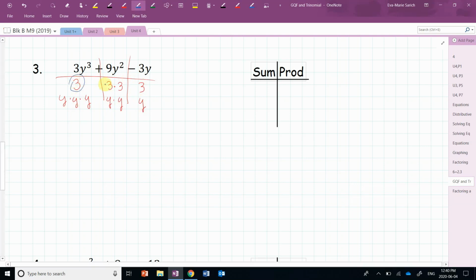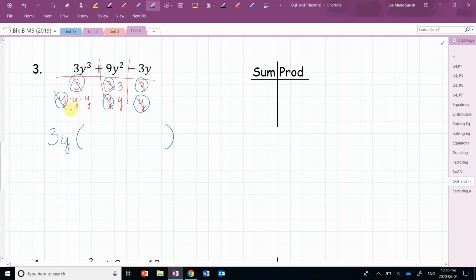Okay, I see a 3 in each of those. So 3 is our GCF. But I also see a y in each of those. So 3 times y gives us 3y. That's our GCF.